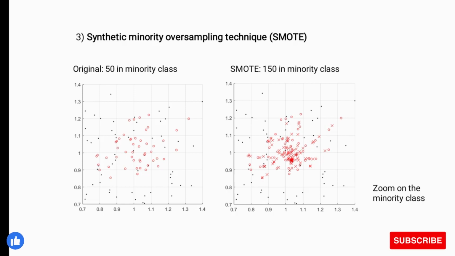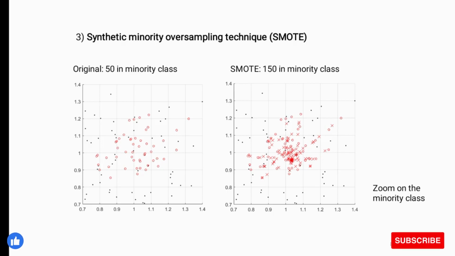Yeah, absolutely. There's more points there now. Has it changed the shape of the data? No. Has it changed where in the plot the data is? Not in general. Yes, in terms of individuals. So we actually end up with more description of that minority class that is more similar to the original than either undersampling or oversampling would have told us.